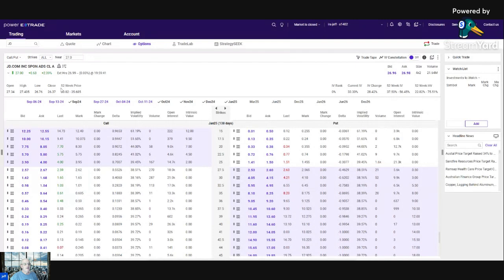So I'm happy with the 62. Also, here's 75 cents. So here I put out, I won't go on a $27 stock. Of course, I'm doing this off hours, so the bid and the ask is not correct, but I'll get into that in a second.